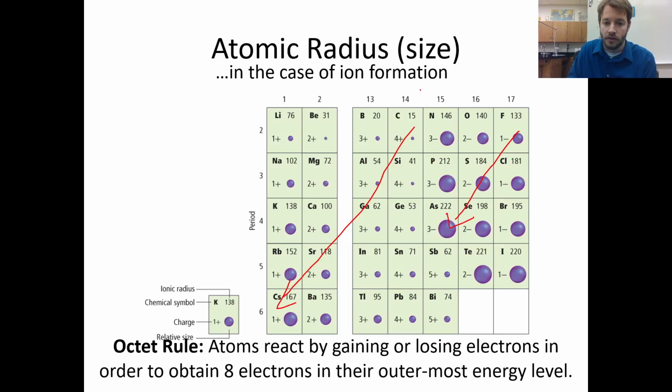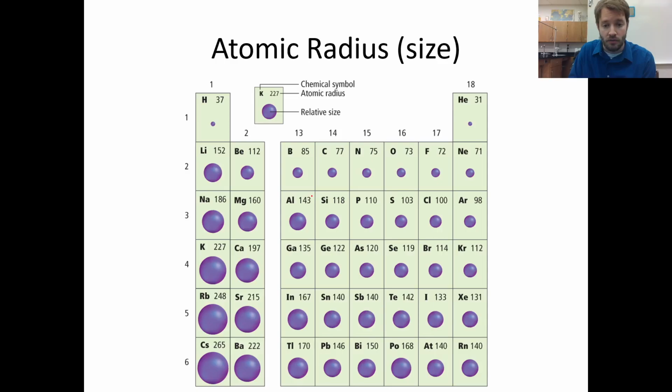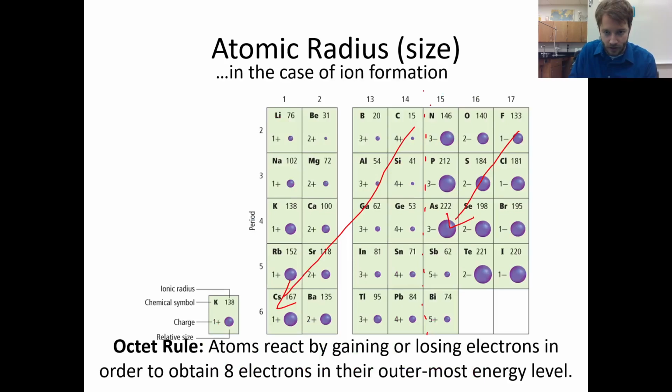And so we have this dividing line for the trend between the positives and the negatives between group 14 and 15. We can see that it's the same trend as for the normal neutral atomic radius, where you're increasing from the top right to the bottom left. But for ions, it has a reset point for that trend. It only exists within the positive ions, and it only exists within the negative ions.